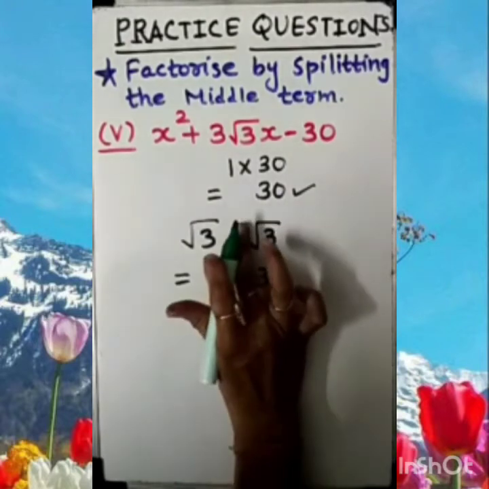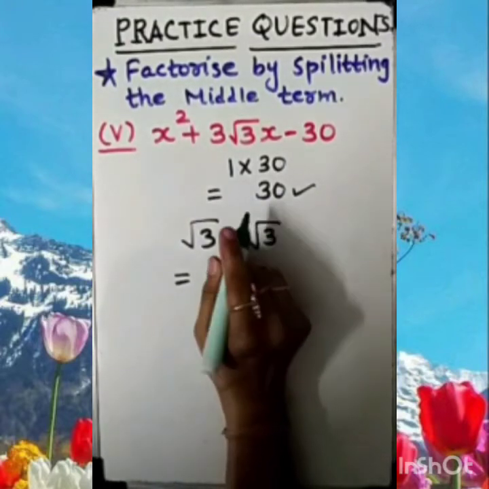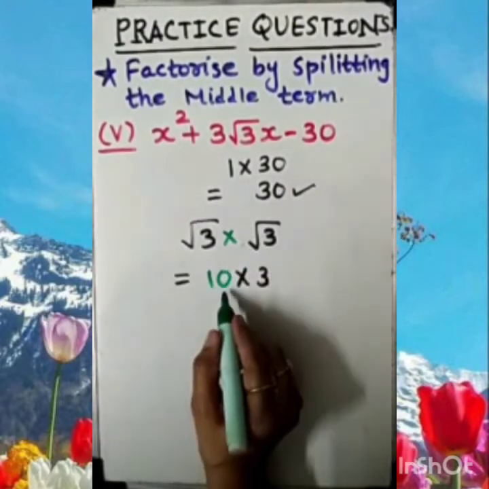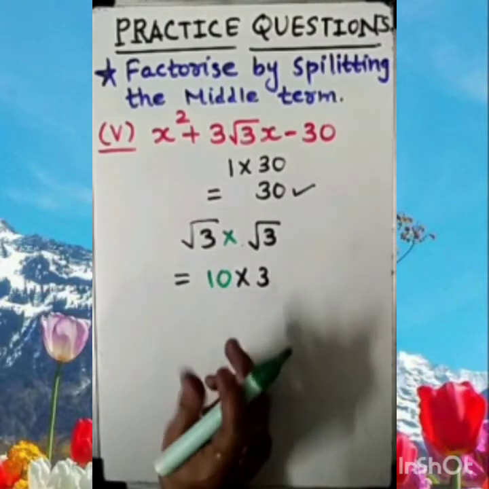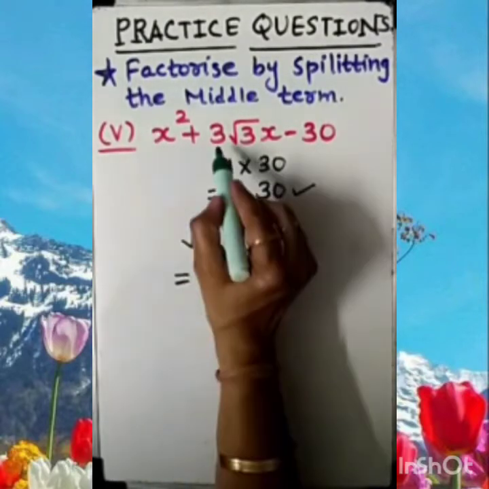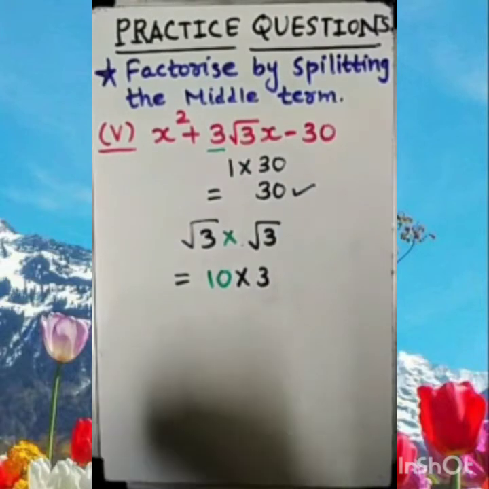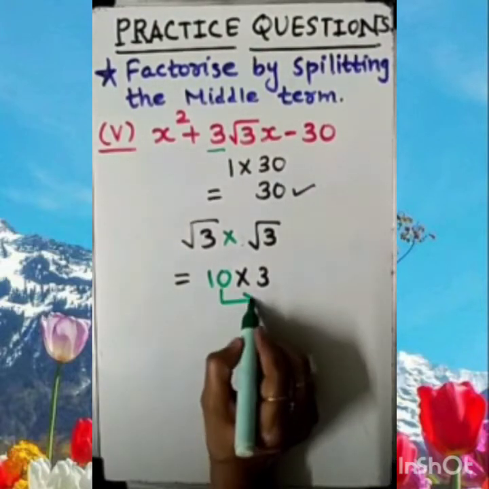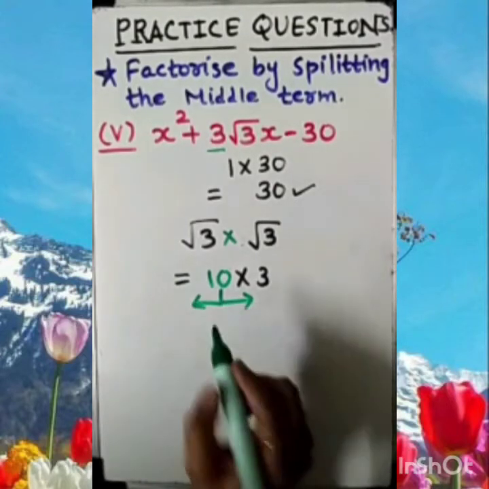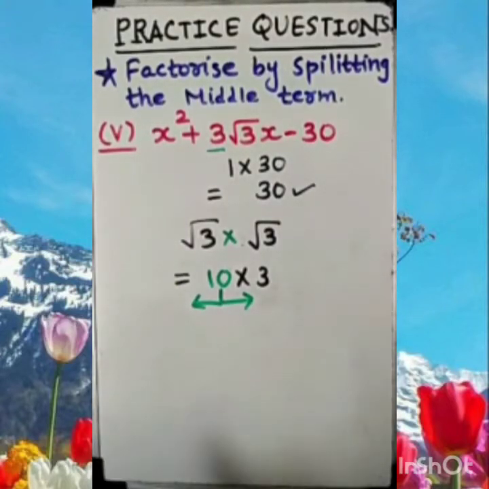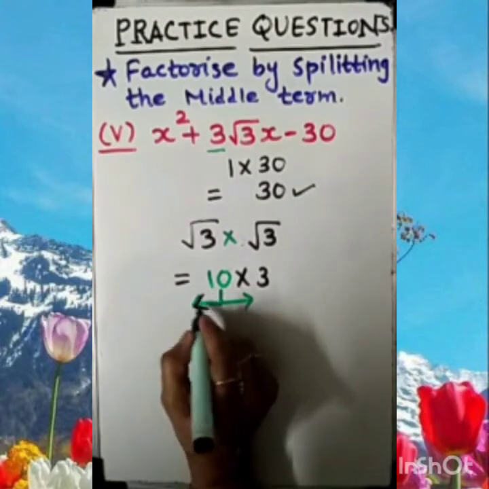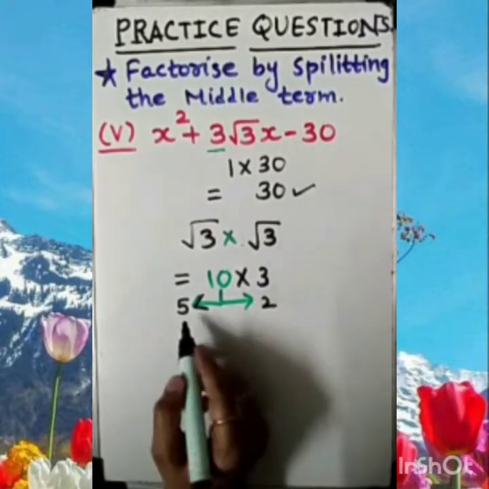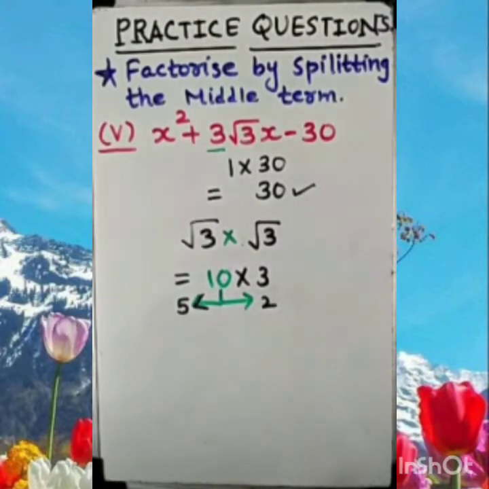In such a case, I want the factors of 10 such that their difference should give the result 3 only. We have two factors of 10: 5 times 2 is 10. So I am choosing 5 and 2. We know 5 minus 2 gives the result 3.